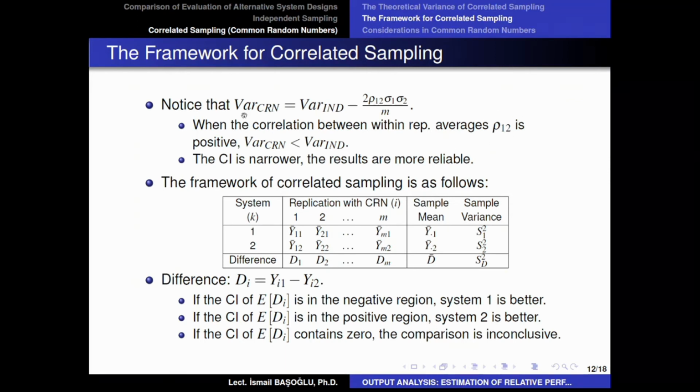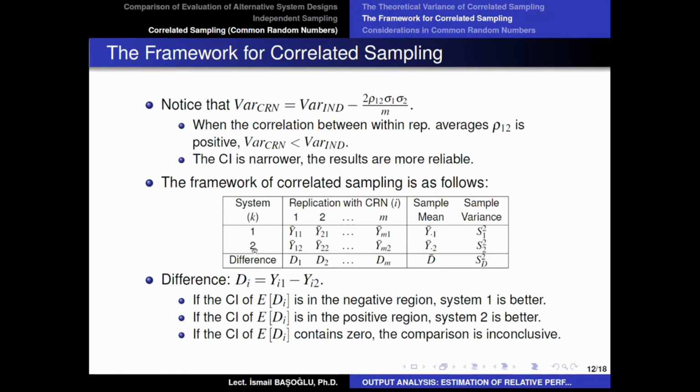In that case, the variance of the common random numbers methodology is in fact going to be greater. So if rho here is negative, then the variance is going to be more than the variance of the independent sampling, and the results are going to be less reliable in that case. But if the correlation is positive, the confidence interval will be narrower with the lower variance, and the results will be more reliable. So how do we develop the framework of the correlated sampling then?